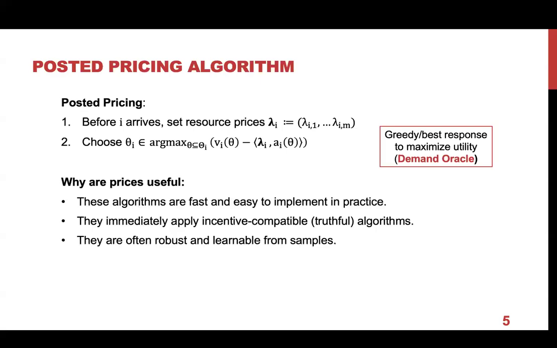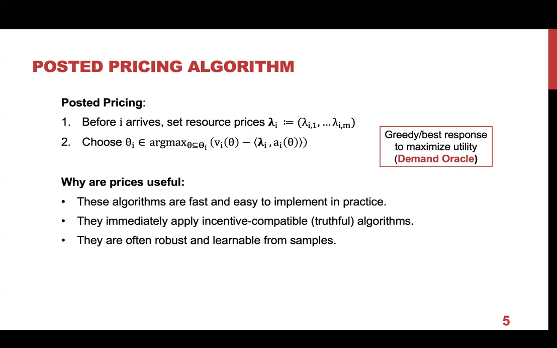And again, to list out some of the benefits of posted pricing: first of all, these are very fast and easy to implement in practice. So that's why they're very popularly used everywhere. Another very major benefit is that they are so-called truthful algorithms. For applications such as auction design, these requests are coming from self-interested agents who want to maximize their own happiness.